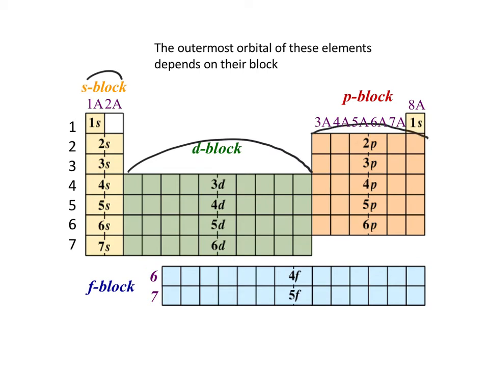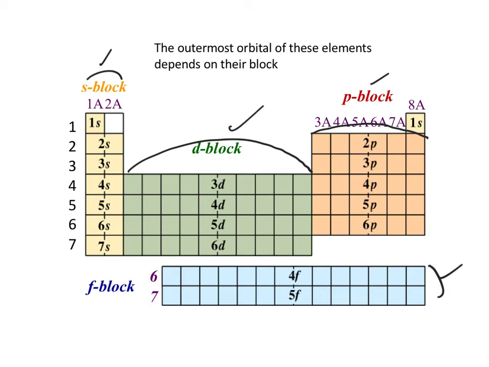The 6 over here are going to be the P block, and then we have the F block. Elements that are in these blocks are going to have electrons, or at least their outermost electrons, occupying that type of orbital. So an element in the S block's outermost electron will be in an S orbital. Okay, an element in the D block, the outermost electron will be in a D, P, and F, etc., etc.